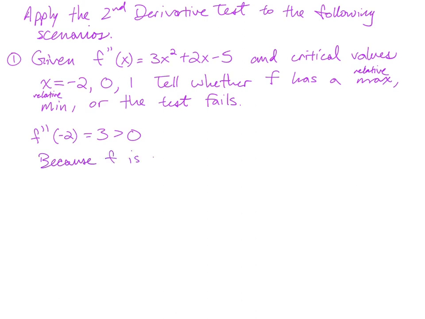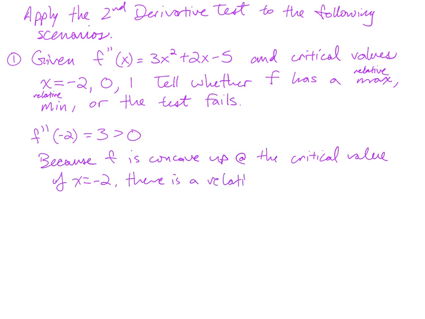Because f is concave up at the critical value of x equals -2, that means there is a relative minimum at x equals -2 by the second derivative test. And so this is the sentence that I am writing for this.